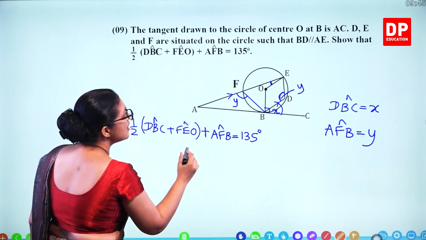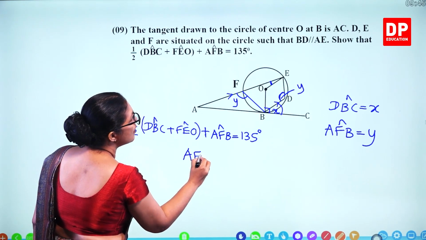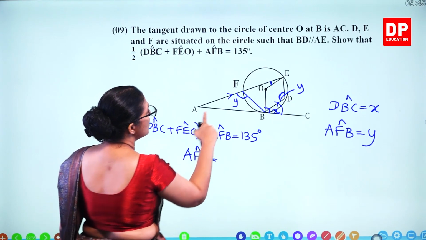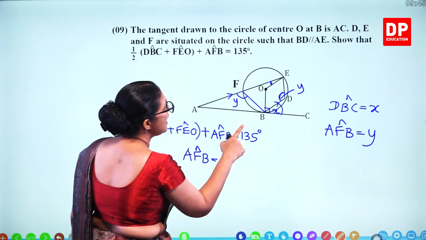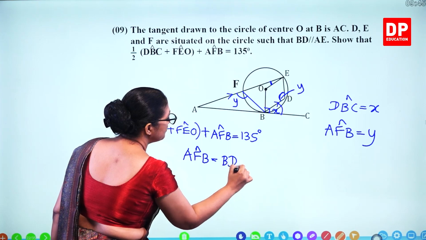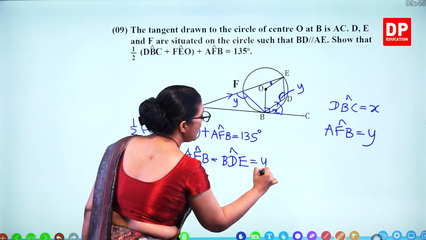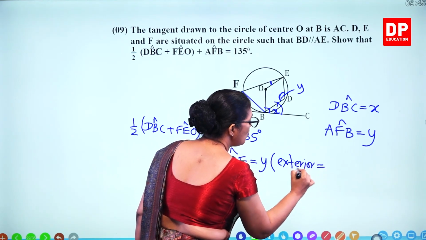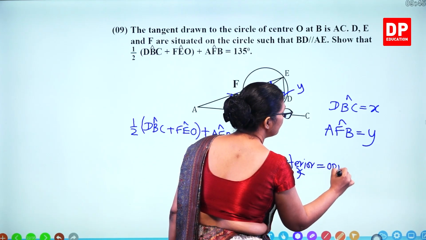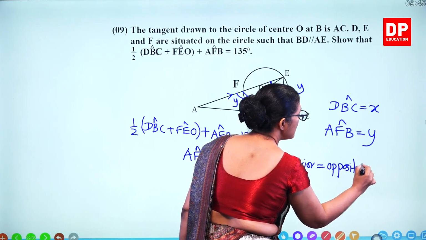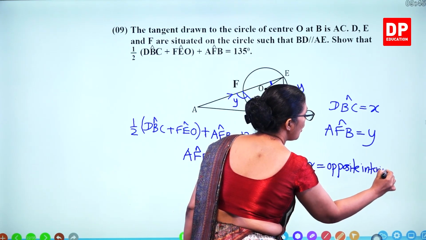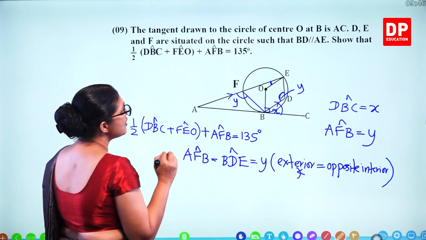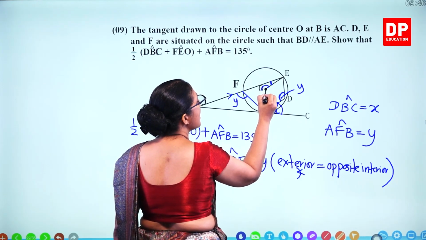So we can write AFB angle is equal to BDE, because exterior is equal to opposite interior of a cyclic quadrilateral. And then what can you say about this angle and this angle?